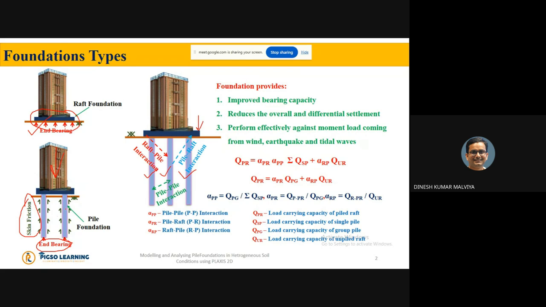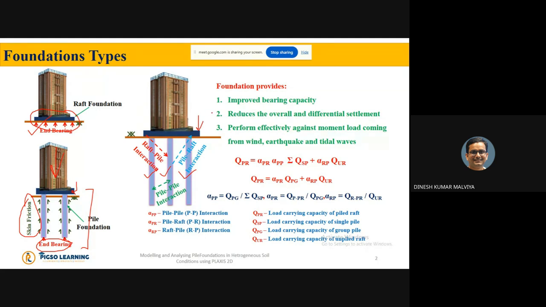In a pile foundation only, we are utilizing only the behavior of the pile and ignoring the capacity of the raft. The raft is only provided to give the surface to transfer the load to the pile, but we are not considering its bearing capacity.